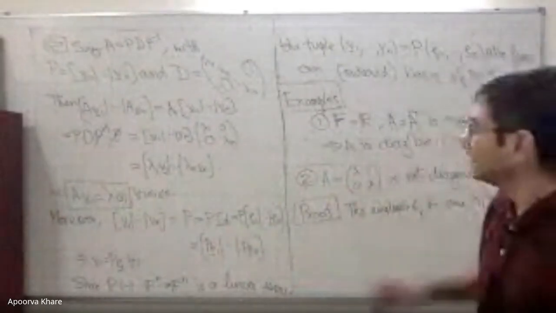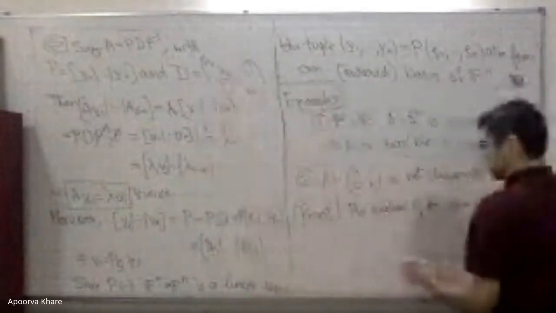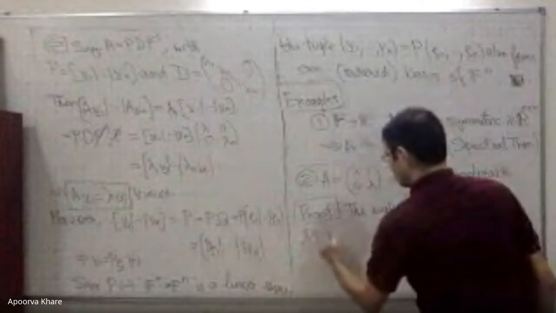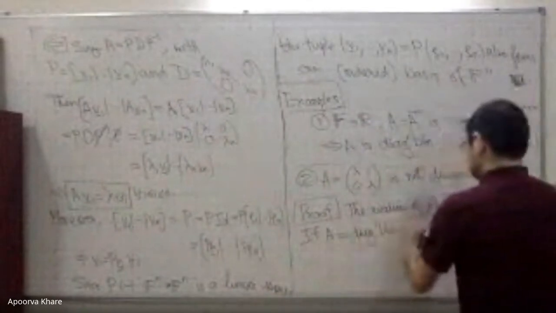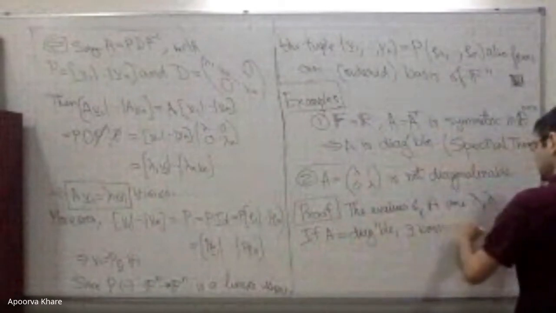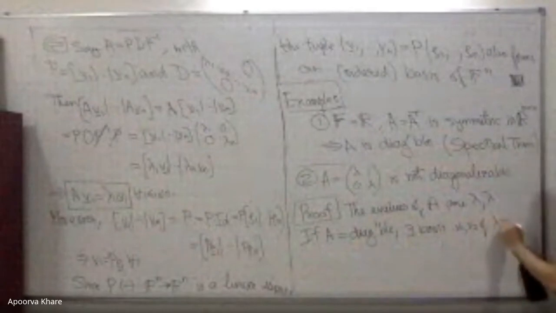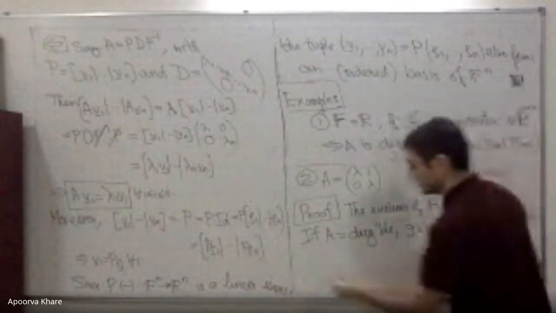So if it were diagonalizable, I would have a basis of lambda eigenvectors. But then what does that mean?